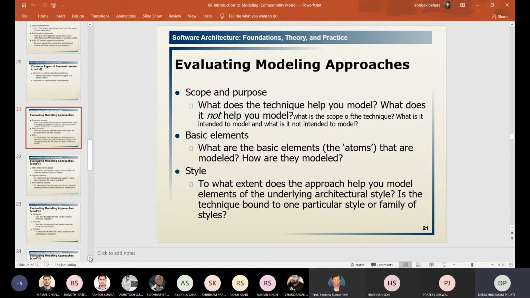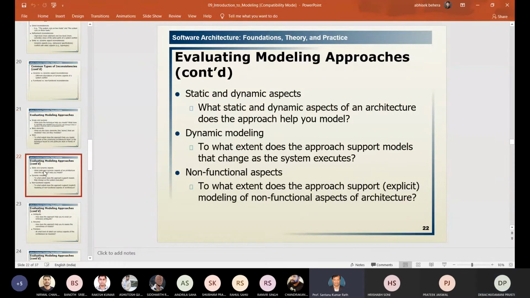Is that technique bound to a particular style or a family of styles? Whether it is bound to a particular style or associated with a family of styles, it also has to be justified for the model. Always think of UML. Up to what extent is UML the right kind of style to model the architecture? So keeping the UML diagram in mind, you can understand these things. Why are you modeling? What are the basic elements of a UML diagram, and what are the styles you are using?